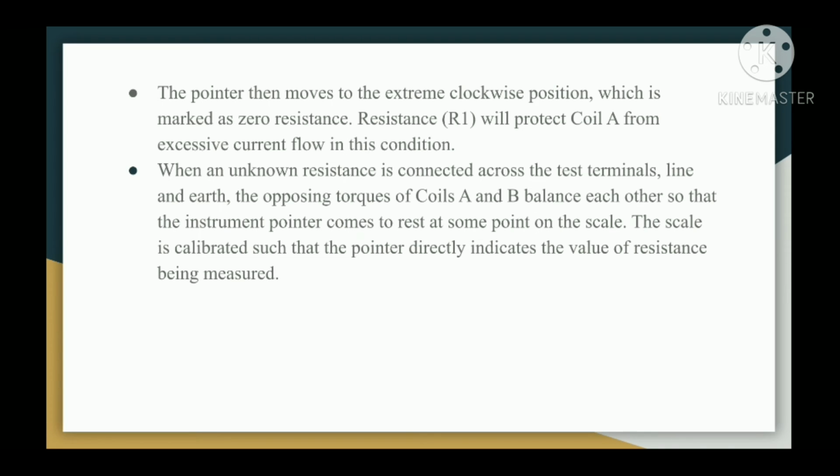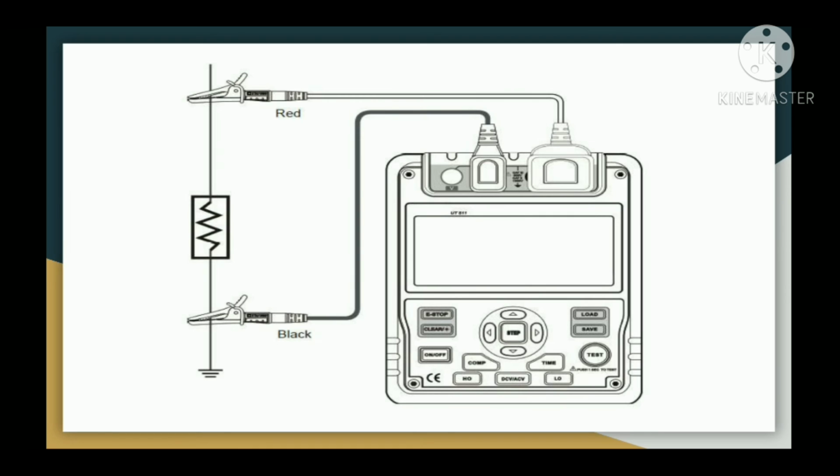So in this way you can measure resistance by using Megger. So this is the connection diagram for Megger. So this is the resistor, and to calculate the value of this resistance, two leads of this Megger are connected with this resistor.